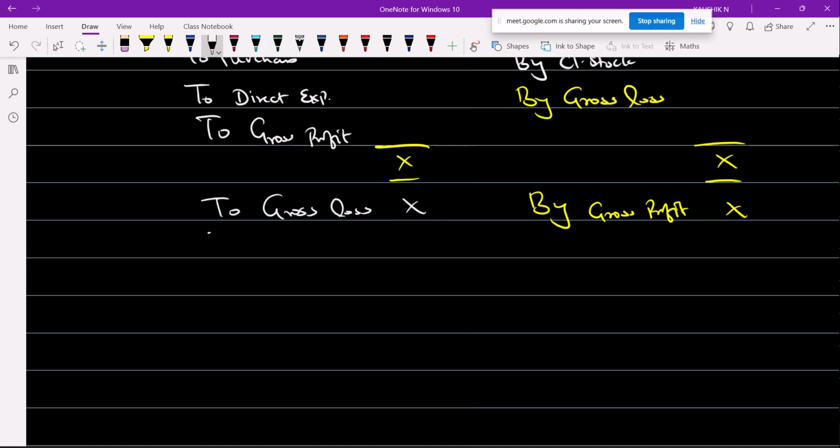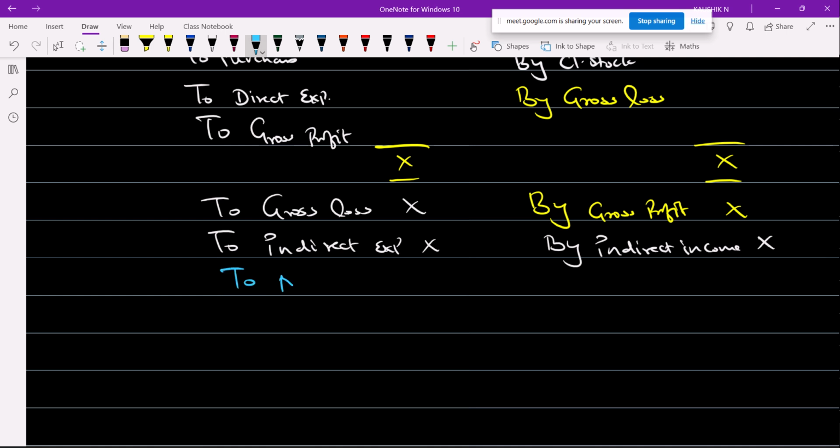Followed by this, you'll be recording all your indirect expenses, and here you'll be recording your indirect income. And now the difference between these two sides, if suppose your credit side is heavier, then you'll declare it as to what?